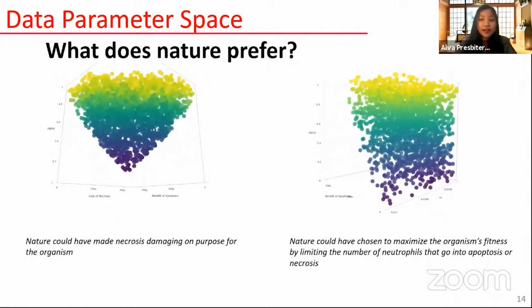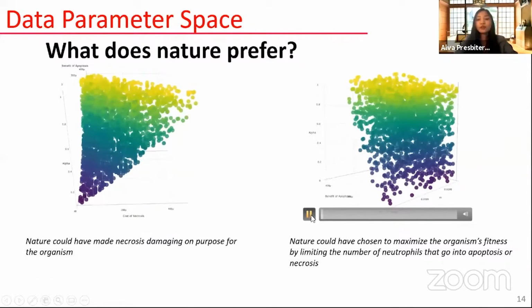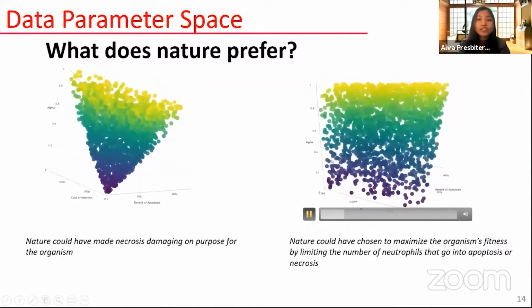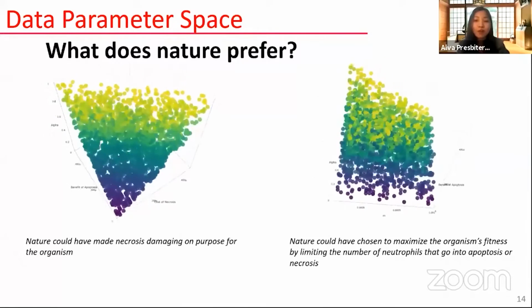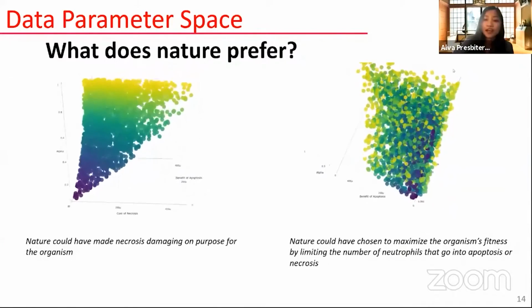Now, on the right-hand side, we plot the combination of parameters of M, which is the resolving power of ITMs, the benefit of apoptosis, and alpha, which is the global cost of the remaining ITMs.